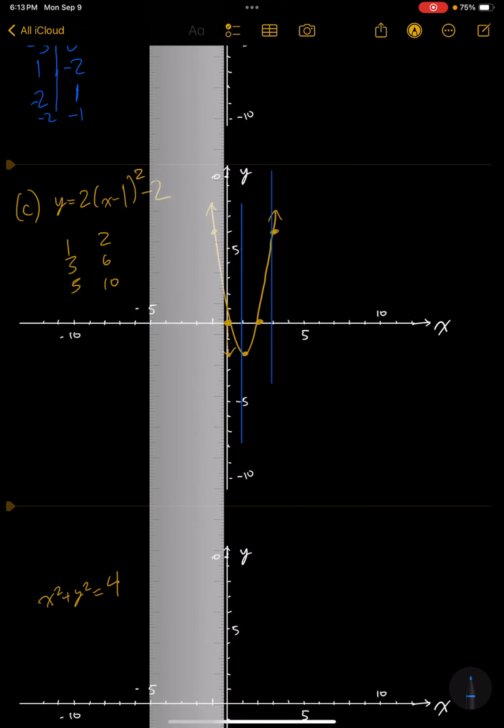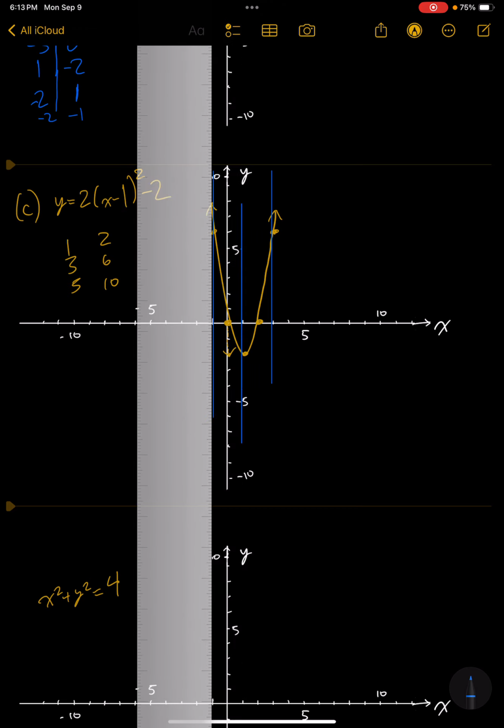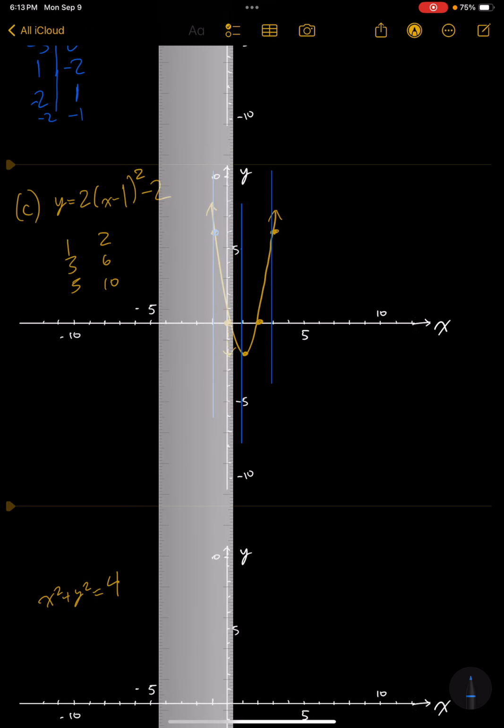Put it through the vertical line test. Okay, there's only one value for any x value. So this is a function, because it passes the vertical line test.